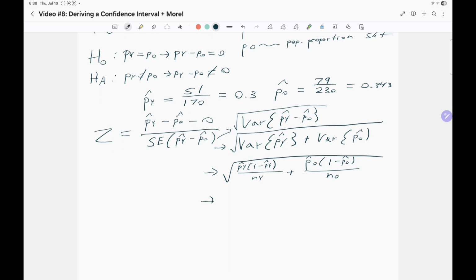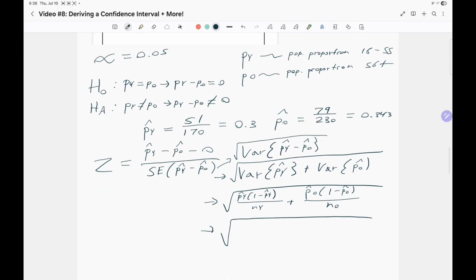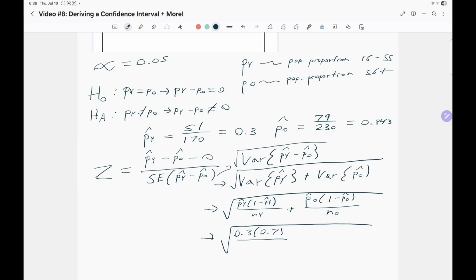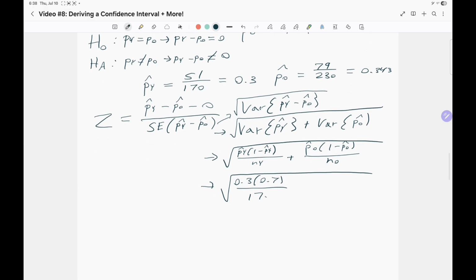And so if we're trying to find the standard error, we're not quite at the test statistic yet. This is just what's going to be in the denominator. Our sample proportion for the younger group is 0.3, 1 minus 0.3 is 0.7, over the sample size for that younger group, which is 170. Plus 0.343, the sample proportion for the older group.